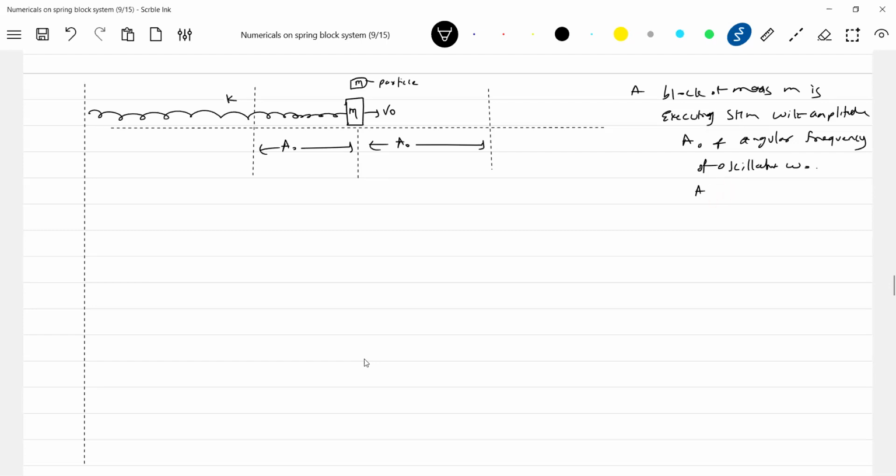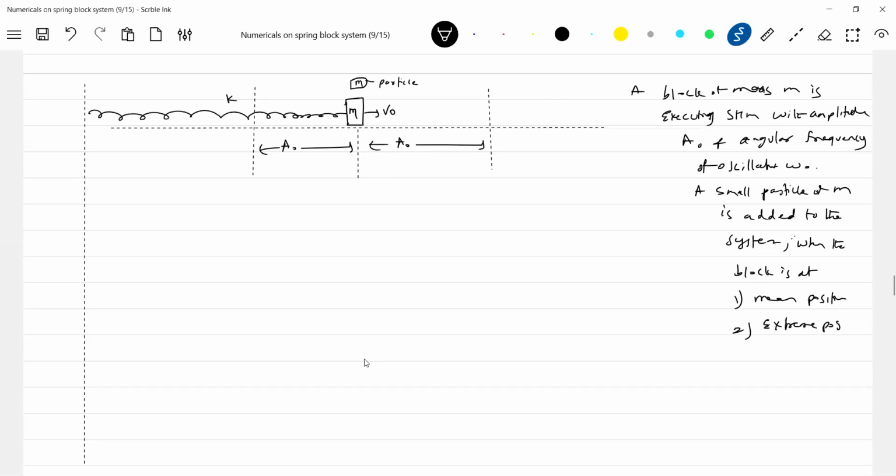A small particle of mass m is added to the system when the block is at, first case, mean position, second case, extreme position, third case, at x equal to plus A naught by 2.